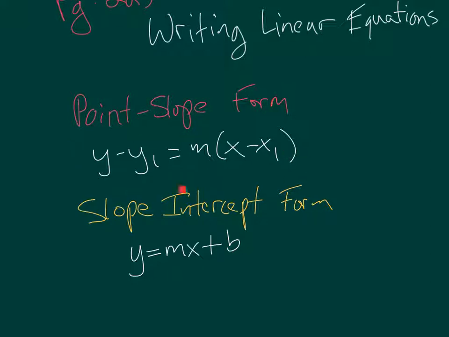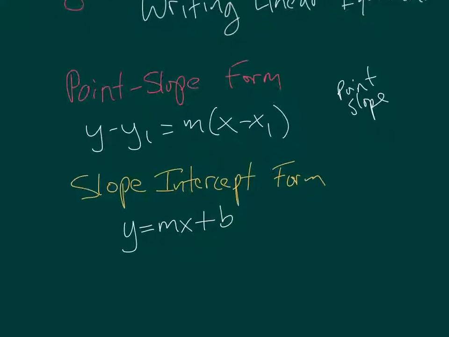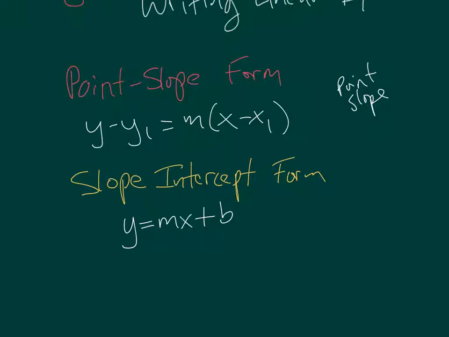This first one is useful for when we know a point and when we know the slope. And this second one is useful for when we know a slope and when we know a y-intercept, or where it crosses the y-axis. Okay, so those are some different uses. Nevertheless, let's jump into the homework assignment on page 225.